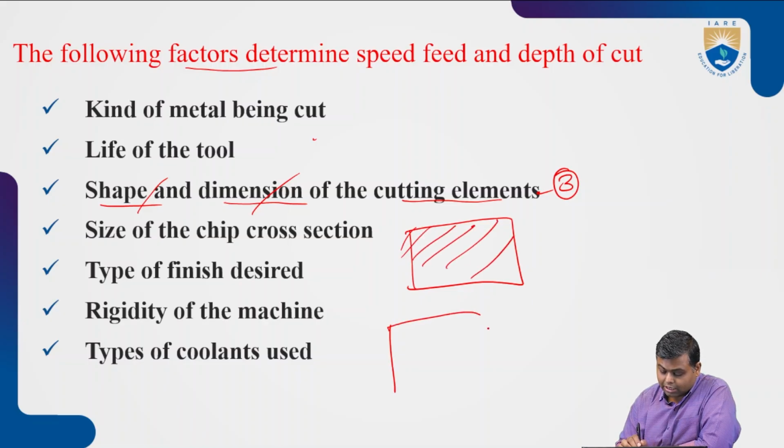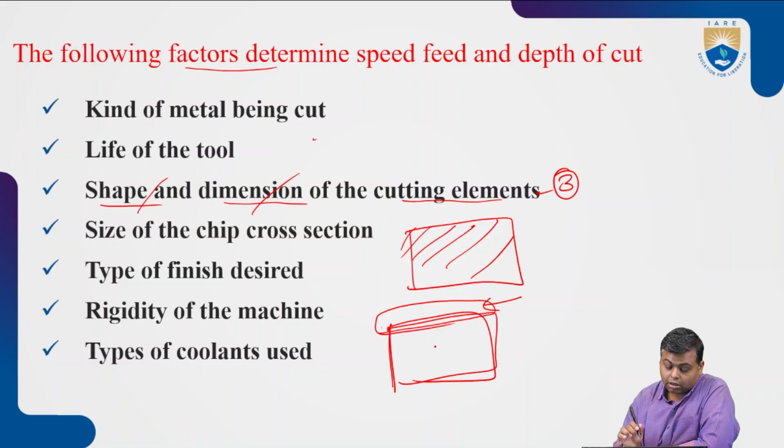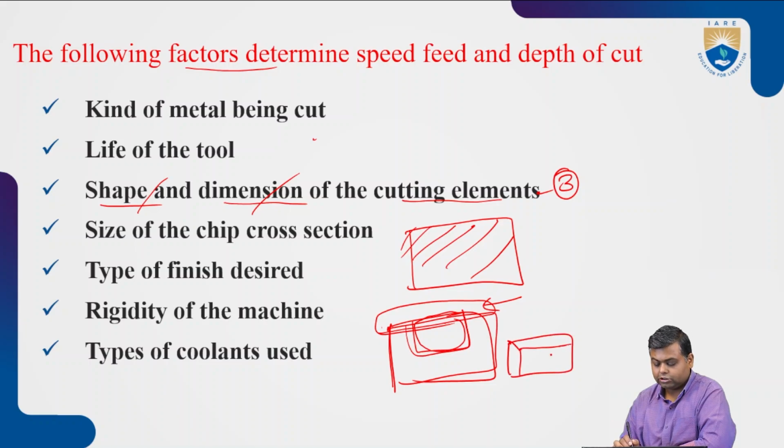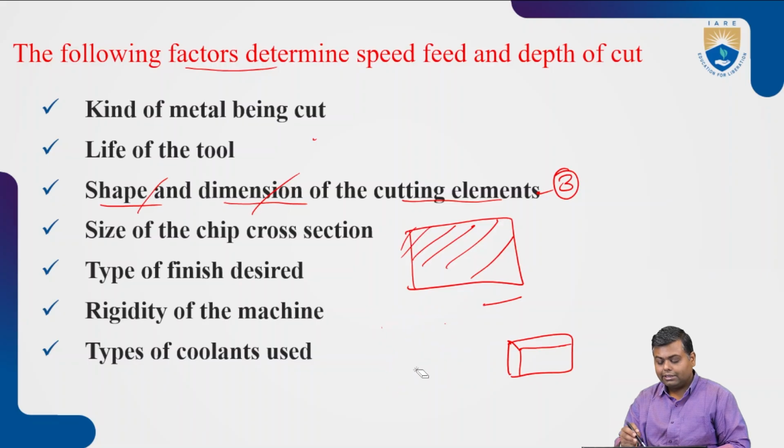For example, if I want to machine only a plane surface, it is very easy to remove it on a rectangular block. If I want to make a pocket inside the workpiece, I need to control all the parameters to get a perfect pocket. If I don't control the parameters, I can't get the desired pocket.